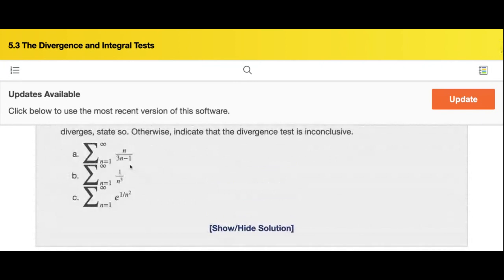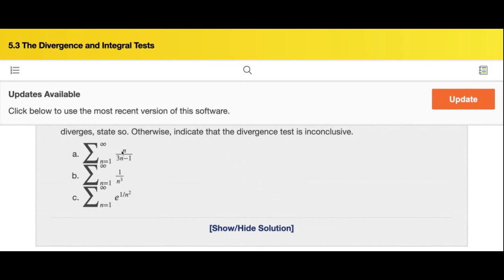So let's see an example. Here we have three series. The first one is n over 3n minus 1. Can someone tell me where the limit goes as n approaches infinity? 1/3.